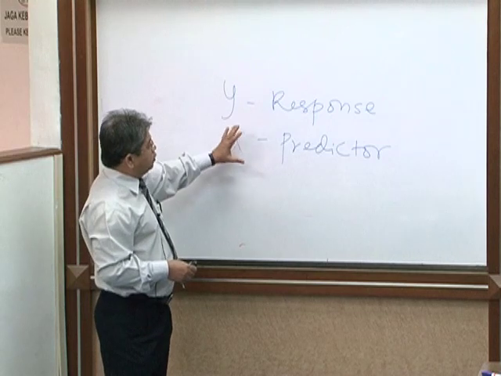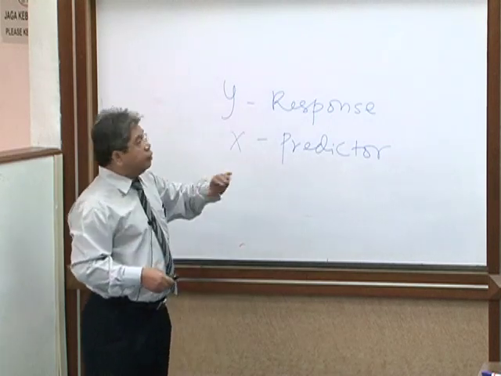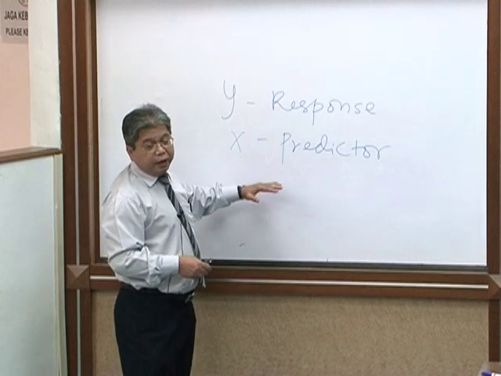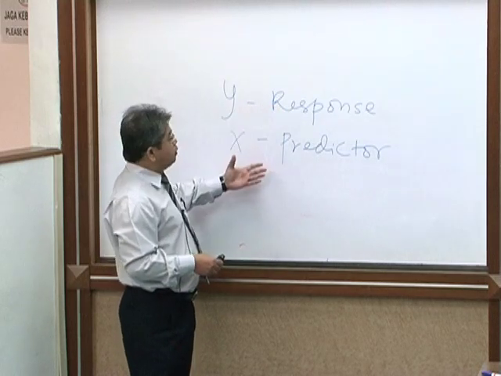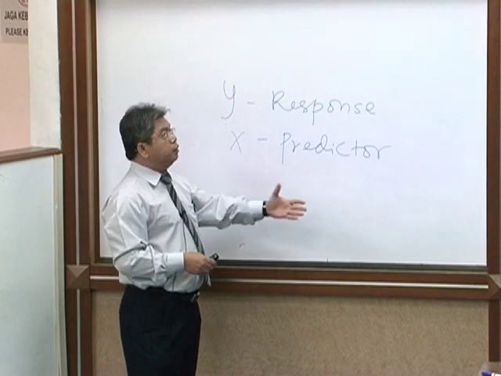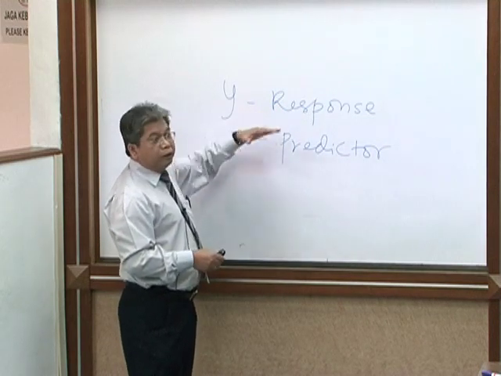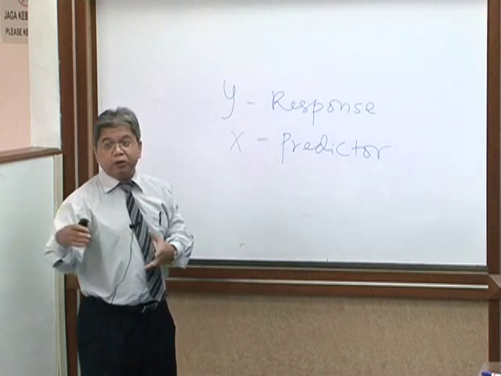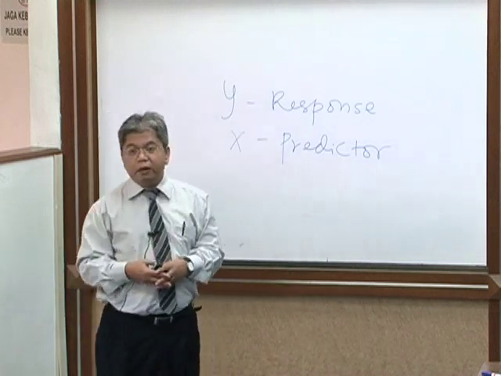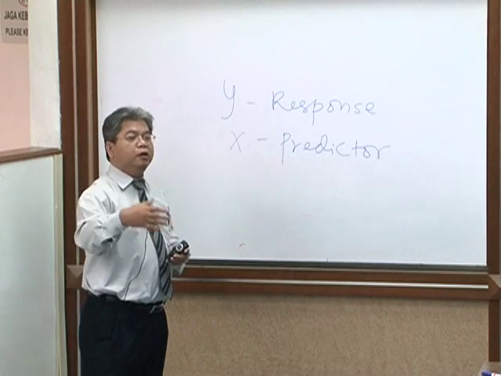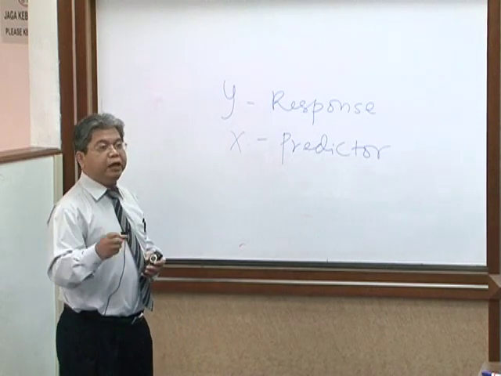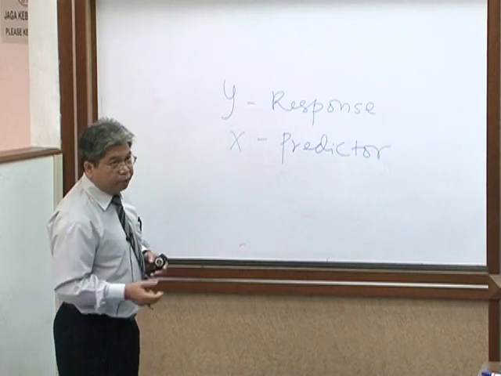Why is this called this way? Because we can use x to predict value of y. We can use x to predict value of y because when we increase the concentration, the absorbent will increase. So more or less, we can predict the absorbent based on the value of x. When we increase the concentration of the metal, the concentration of the metal becomes a predictor variable.